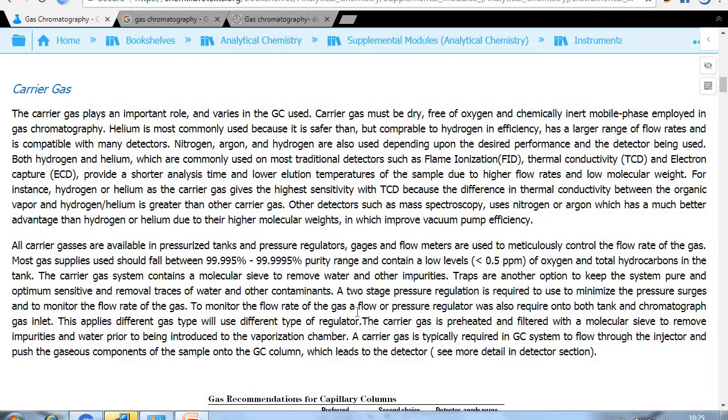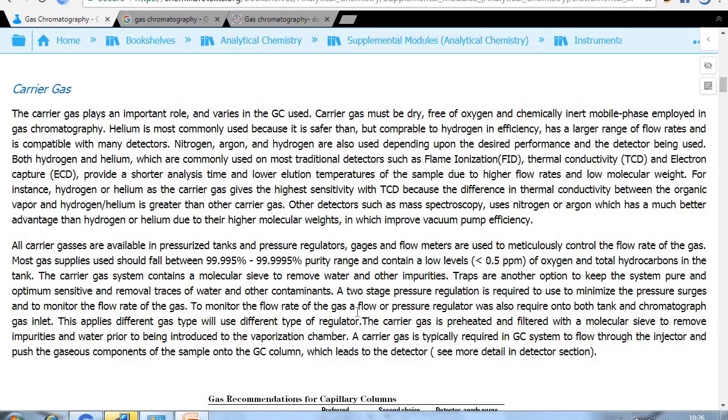The carrier gas acts as the mobile phase, and you have different options like hydrogen, helium, argon, and nitrogen. All of these can be used as a carrier gas, but it can be varied depending upon the detector used. The most widely used carrier gas is helium, and helium is preferred because it's safer compared to hydrogen.